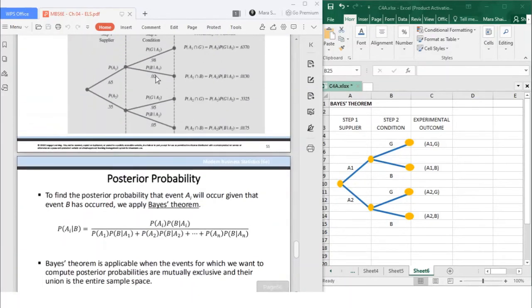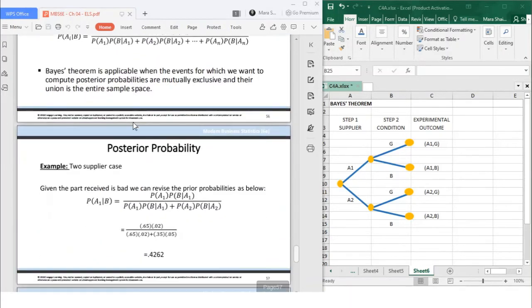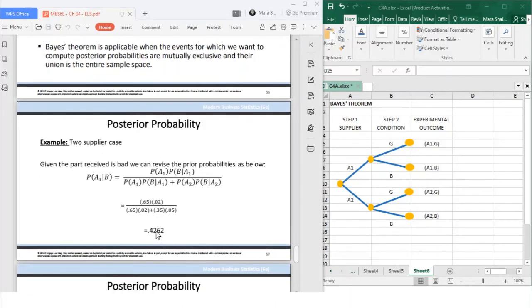So the probability of A1 is 0.65 times, and so on and so forth. You arrive at 42.62%.